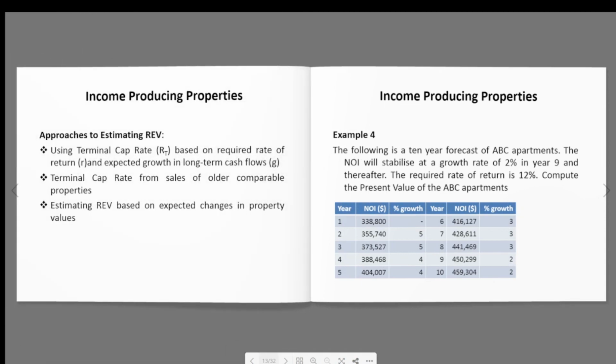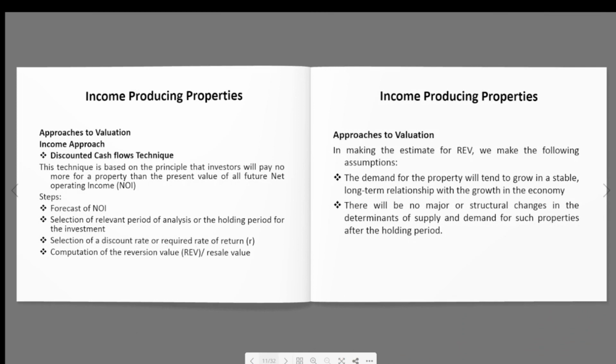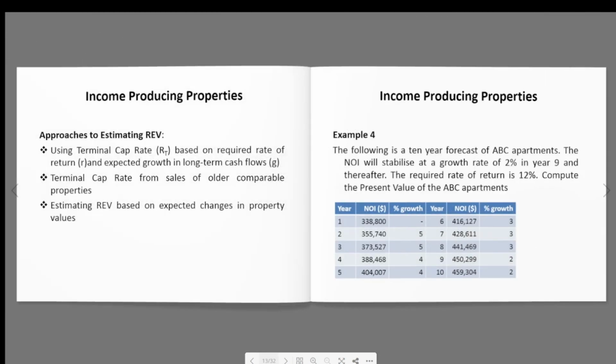Using the terminal cap rate based on required rate of return, the expected growth in long-term cash flows, G, the terminal cap rate from sales of older comparable properties, and finally estimating the reversion value based on expected changes in property values.